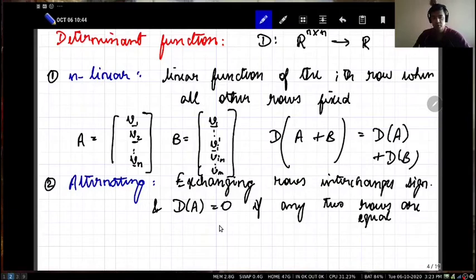So this is the first property which my determinant should satisfy, and you should verify that even for the standard definition of the determinant that you have, this property is satisfied. So the standard notion of the determinant also satisfies this property that it is n linear. If you keep all the other rows fixed, then the determinant is a linear function of the ith row.